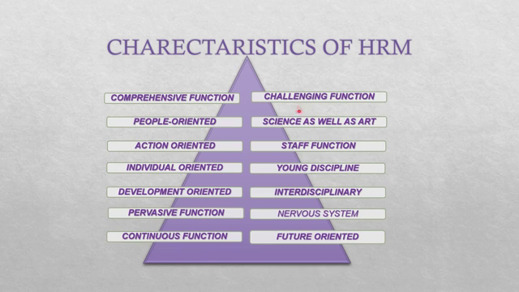Next point is science as well as an art. Now, human resource management is a science because it contains an organized body of knowledge consisting of principles and techniques. This is a line from your textbook. It is a science because you're using new techniques, new technology, learning the new machines that are coming in.